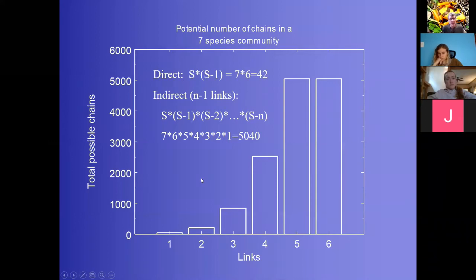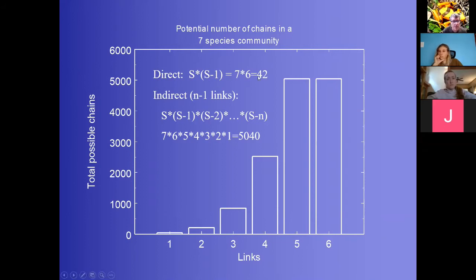So if we think about just 7 species, the number of direct interactions between those is 7 times (7 minus 1), 6. That's because each species interacts with 6 other species, right? And then you go to the second species and it interacts with 6 others. So that's all the two-way interactions.